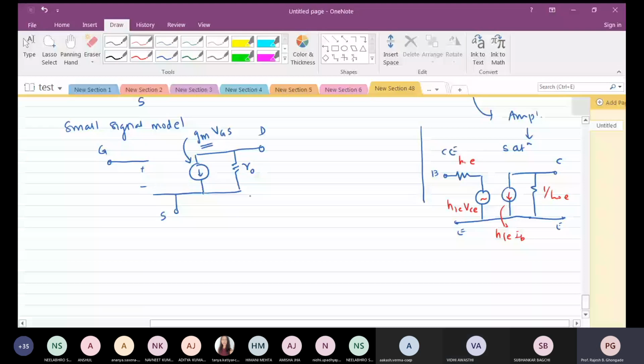Now, this is important when designing analog MOSFET circuits.